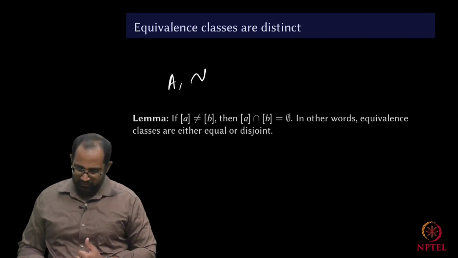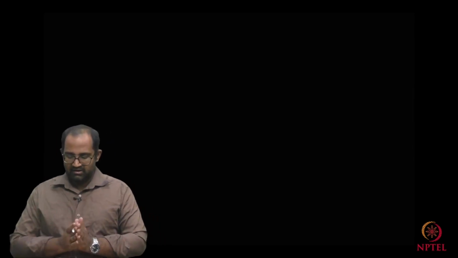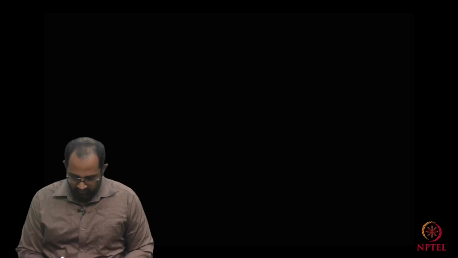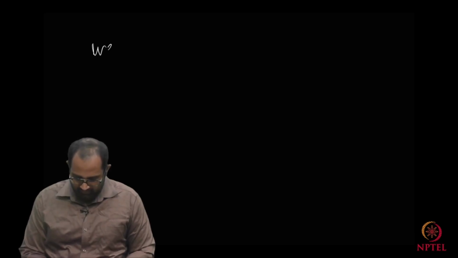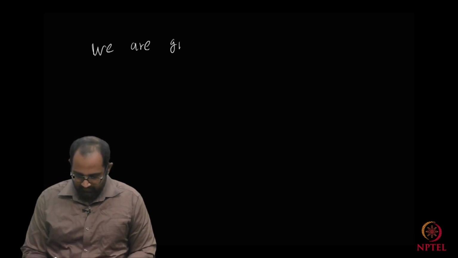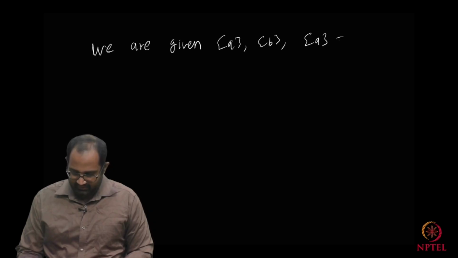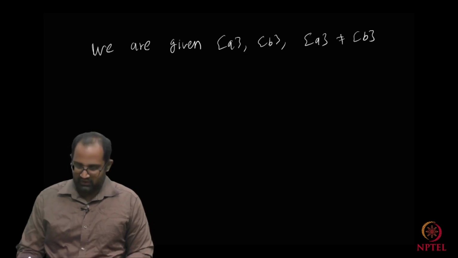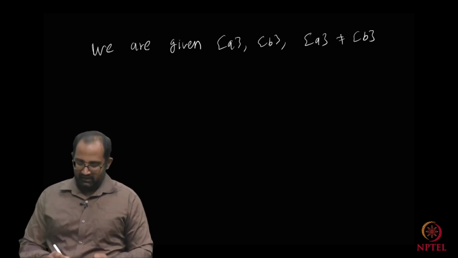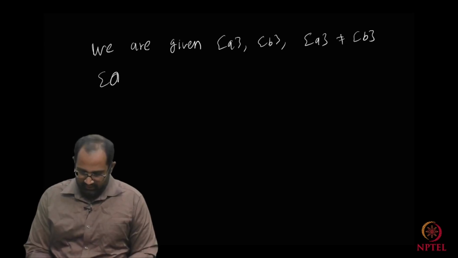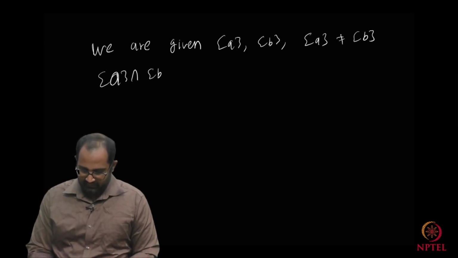Well, how do you prove this? Let us open up a blank page and think about it. So, we are given two equivalence classes A and B, and we are given that A is not equal to B. The aim is to show that A intersect B is empty.